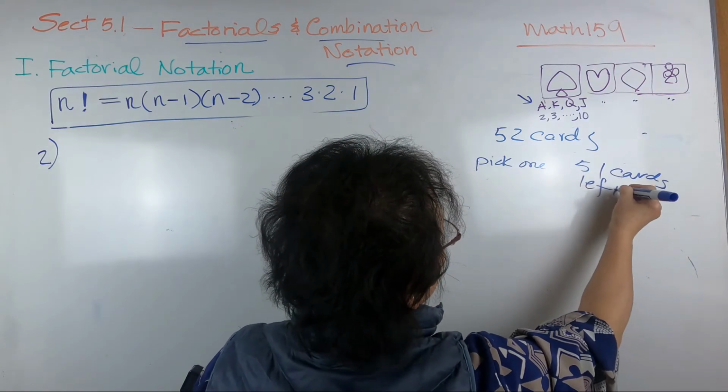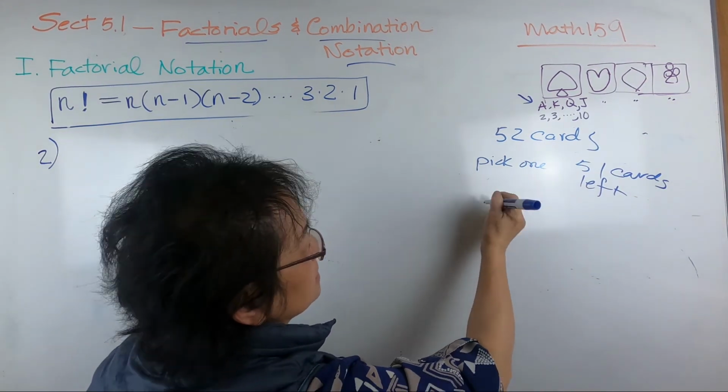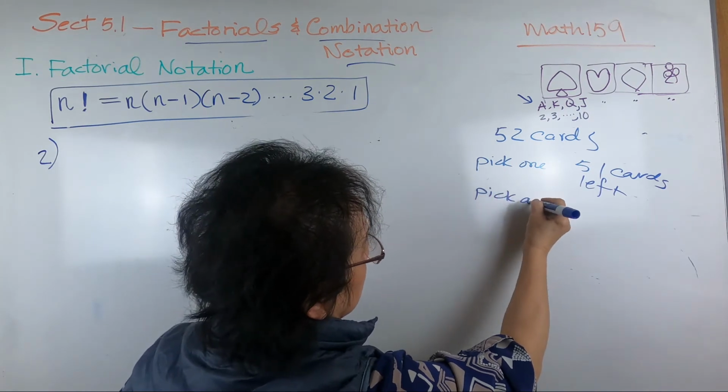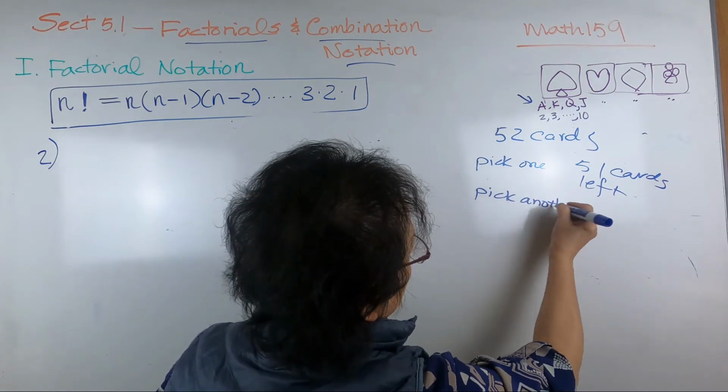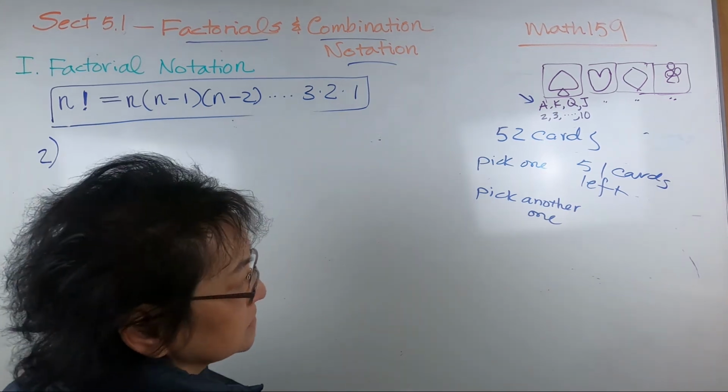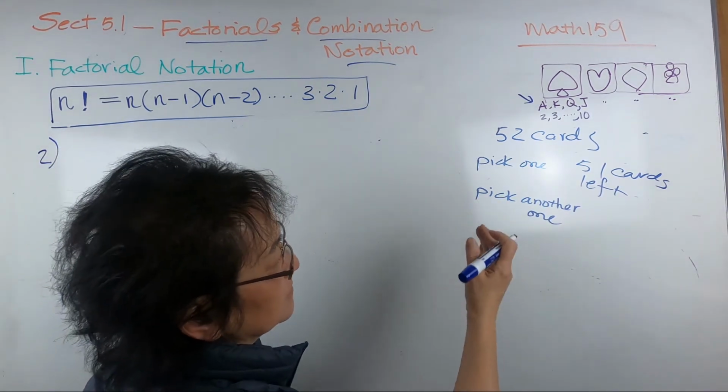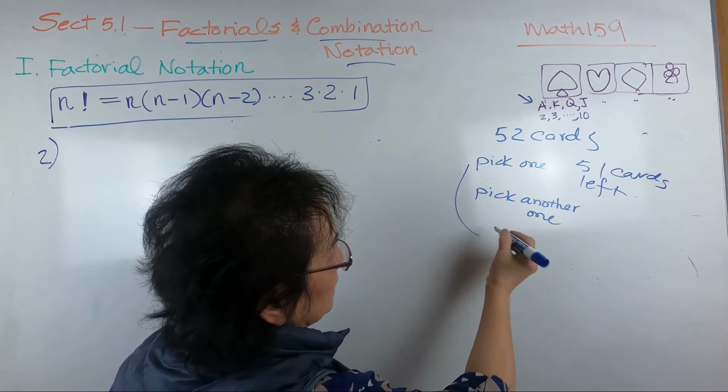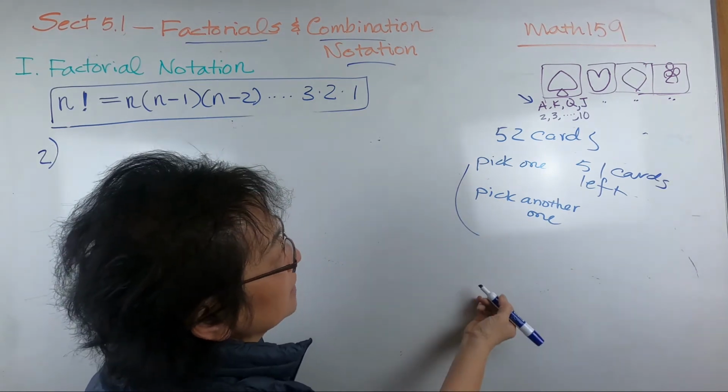Then you pick another one, then you pick another one. Totally, you pick 5 cards, right? You can have what?